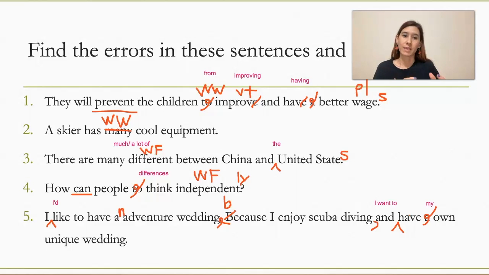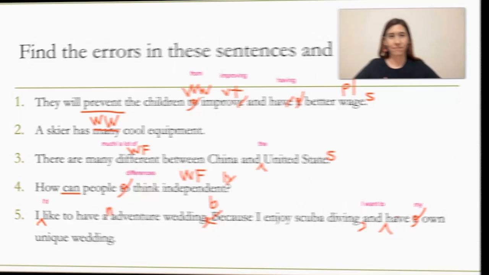If you want to begin with your dependent clause with because, you can put that at the beginning and say, because I enjoy scuba diving, I want to have my own unique wedding and have an adventure wedding. So you can restructure the sentences as long as it's grammatically correct.